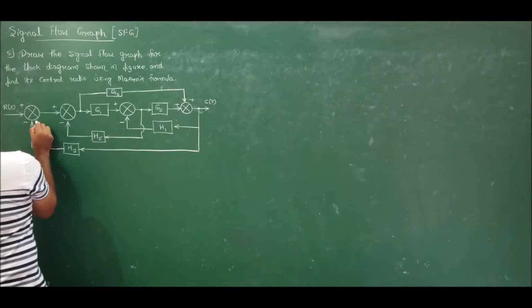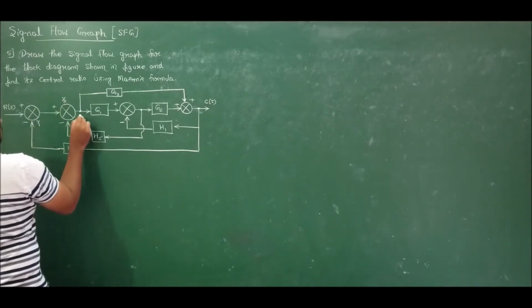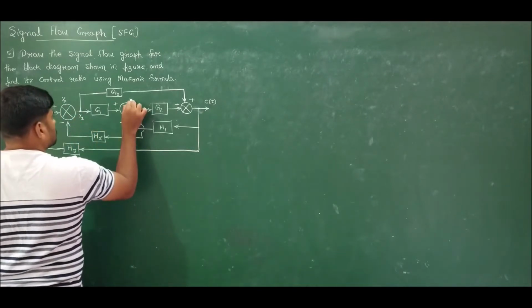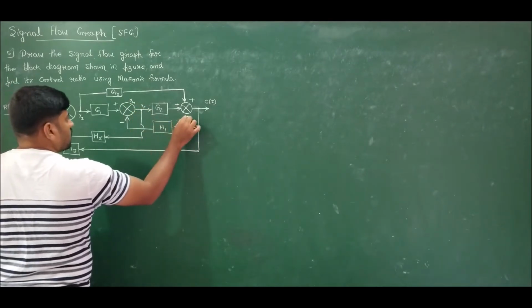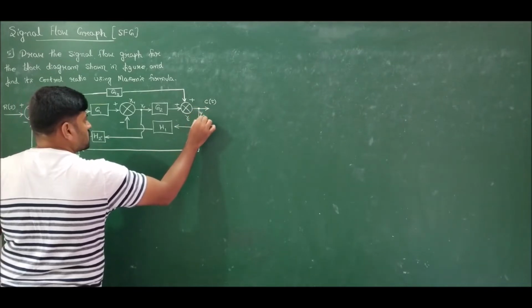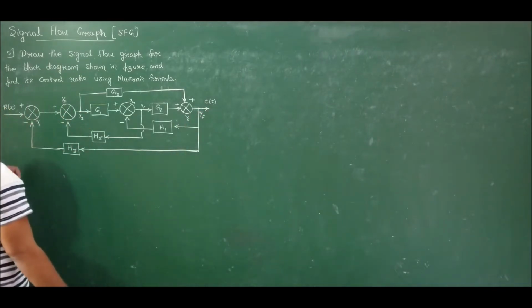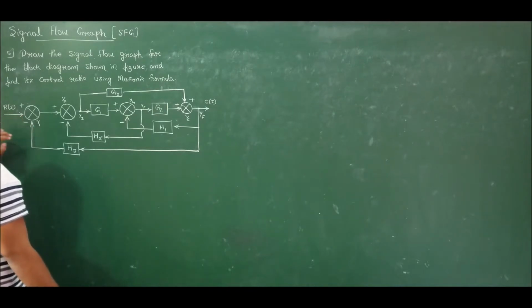Let us call them y1, y2, y3, y4, y5, y6 and y7. So totally we have 7 nodes, that is a combination of summing points and takeoff points.